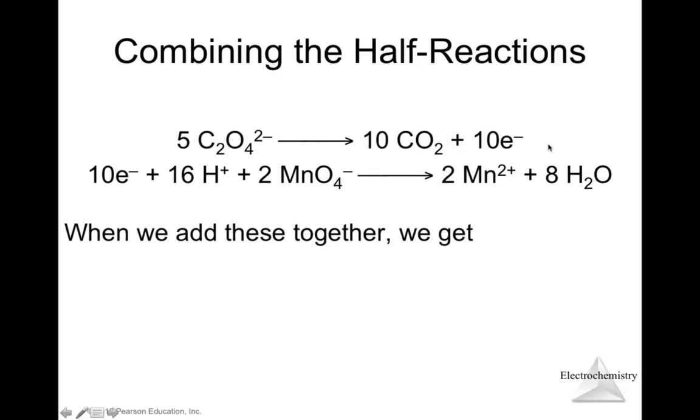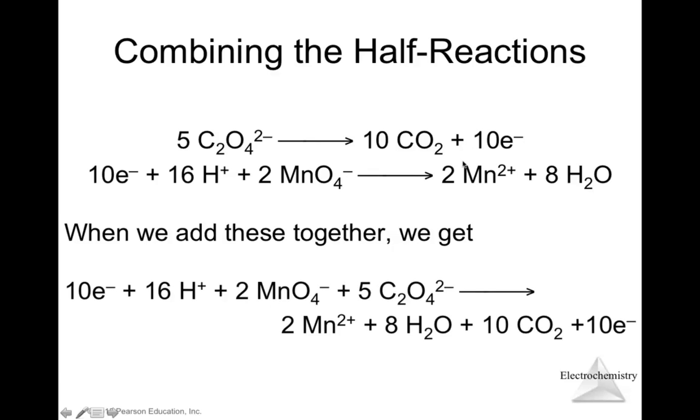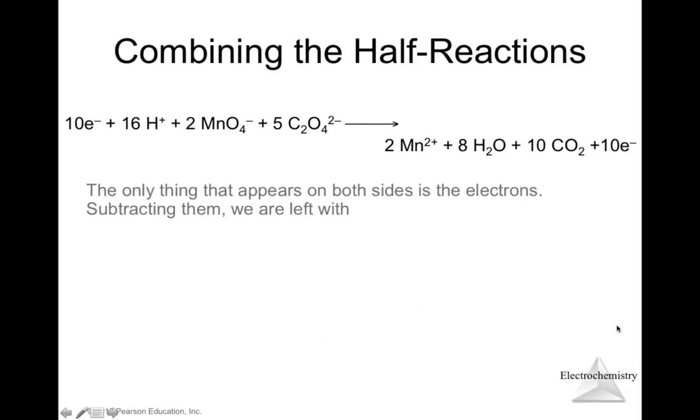Now we're going to add these two equations to create the net equation. It's going to be something like this. All the reactants are going to be on one side, all the products on the other side. And now we have 10 electrons here, 10 electrons here, so we can cancel those electrons, because we have equal numbers of electrons on both sides.